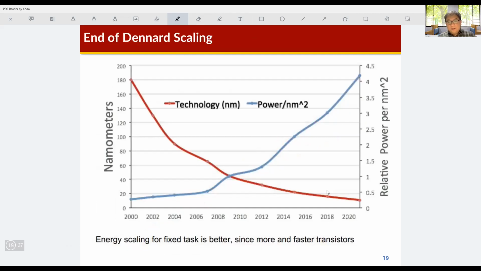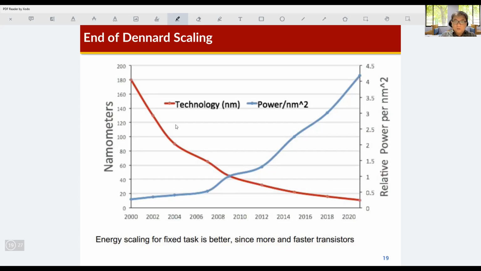Okay. Again, Dennard scaling. I said that Dennard scaling means that the power density is maintained as the CMOS technology advances, but as you can see, the relative power per unit area increases dramatically. That means Dennard scaling ends.